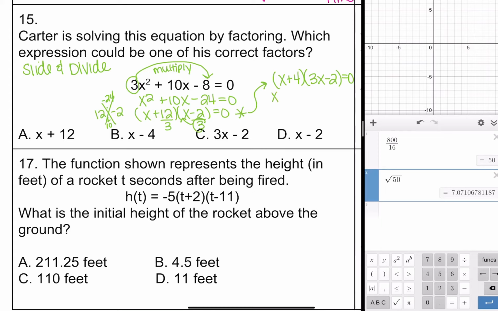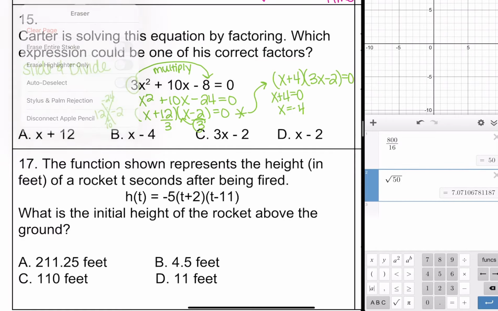So x plus 4 equals 0. Subtract 4 on both sides. x equals negative 4. Oh, we're going too far. We don't even need to solve completely. It's okay if you did, but we're just looking for the factor. So one of the factors was 3x minus 2.